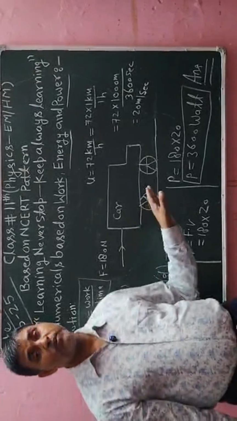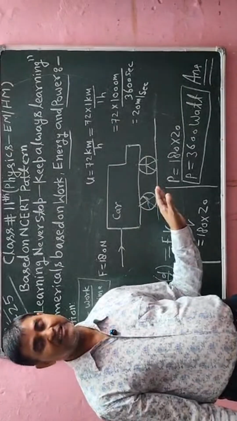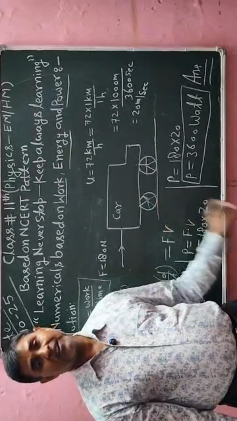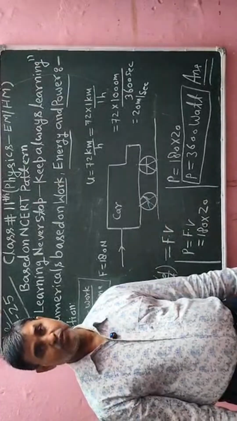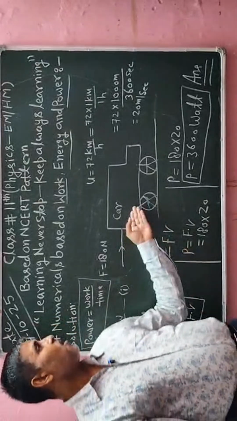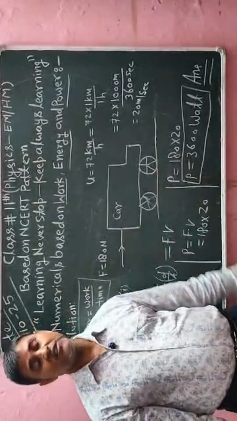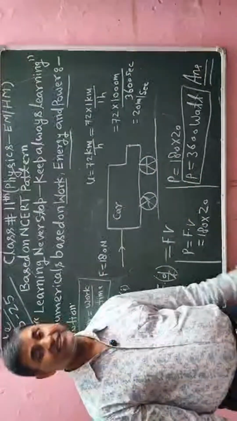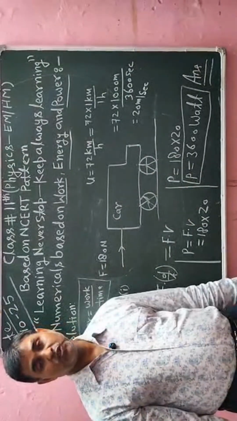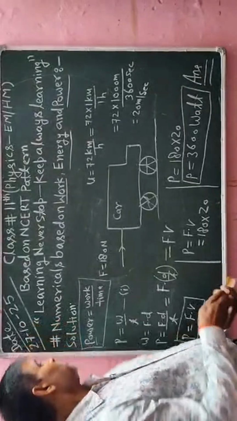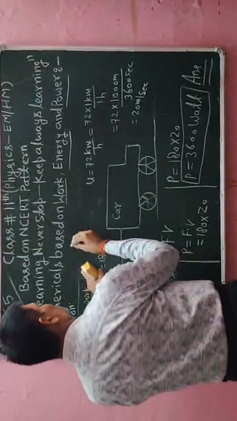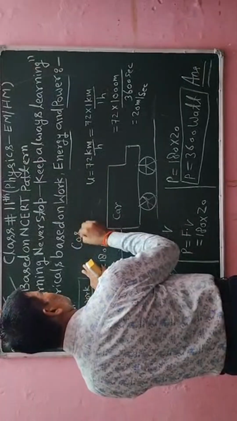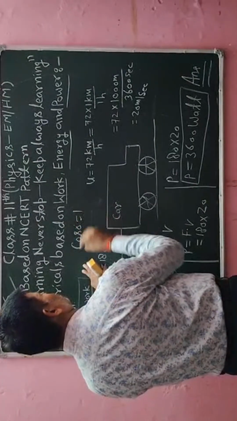But if any object moves at angle theta, work done is F into d cos theta. But the movement of the car is horizontal. In other words, theta will be 0, and cos 0 degree is equal to 1.